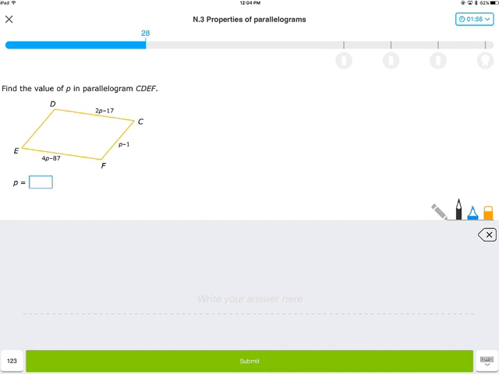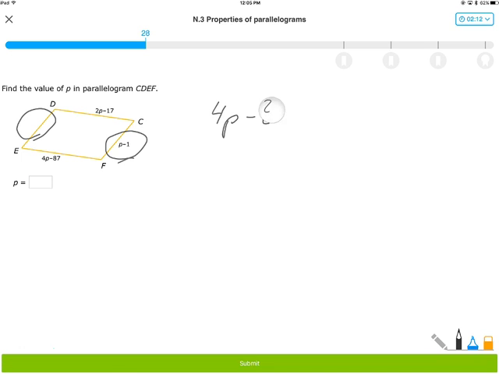Oh, so now we got three sides, so we got to choose what relationship we have here. Again, we know that opposite sides are congruent. We don't know anything about this side, so the P minus 1 is not going to help us in this. However, we do know that the side with 4P minus 87 must be equal to the side with 2P minus 17.